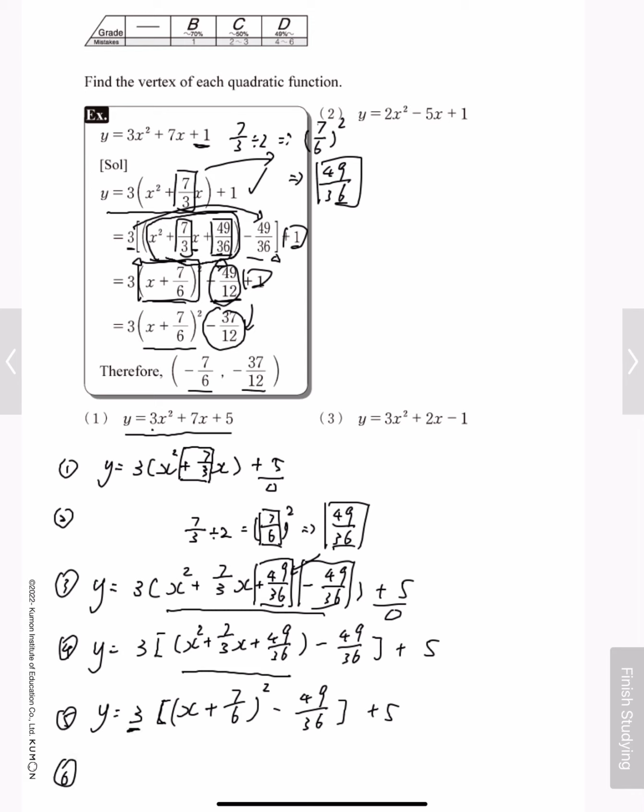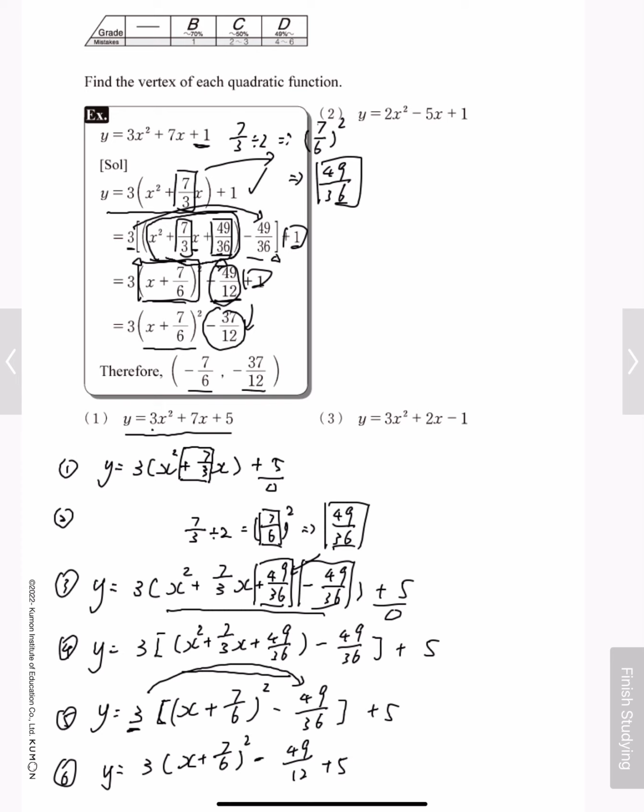Remember to multiply this 3 with the 49 over 36. That's when you get y equal to 3 bracket x plus 7 over 6 to the power of 2, and then minus 3 times 49 over 36 is 49 over 12, right? Just like the previous question, and plus 5.